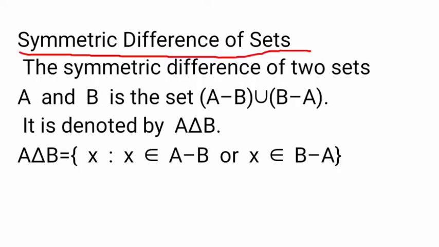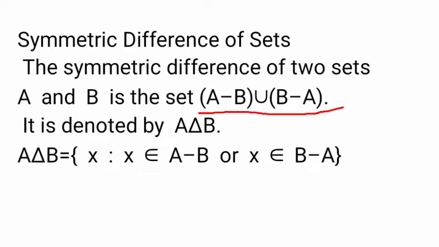Last one, symmetric difference of sets. The symmetric difference of two sets A and B is the set A difference B union B difference A. It's denoted by A delta B; the symmetric difference symbol is delta. Therefore A delta B equals A difference B union B difference A, that is the symmetric difference formula.